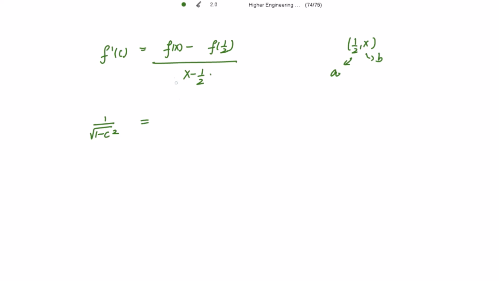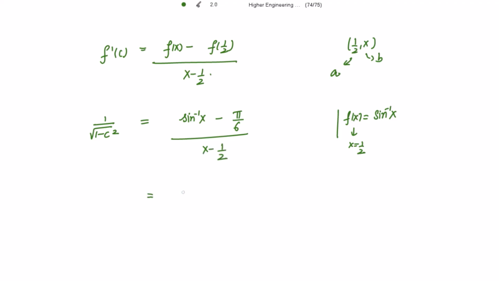That is equal to sine inverse x minus f of 1/2. Just put here x equal to 1/2; we get sine inverse 1 by 2 to be pi by 6, divided by x minus 1/2.